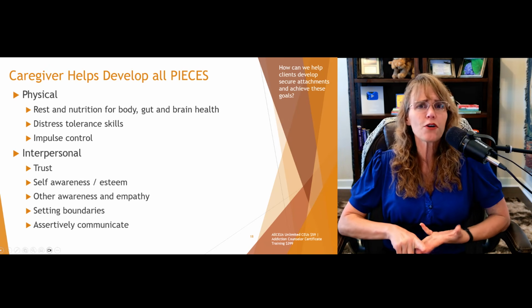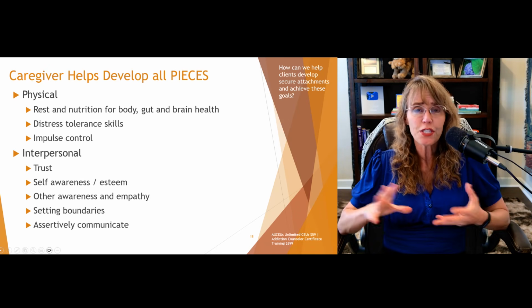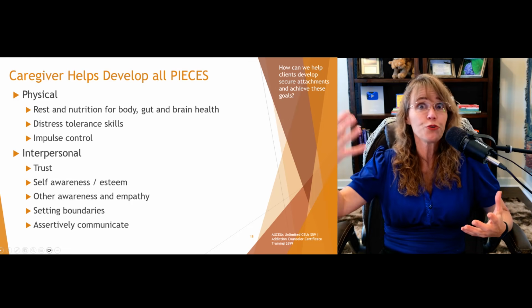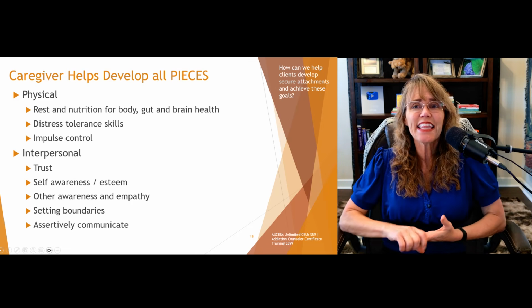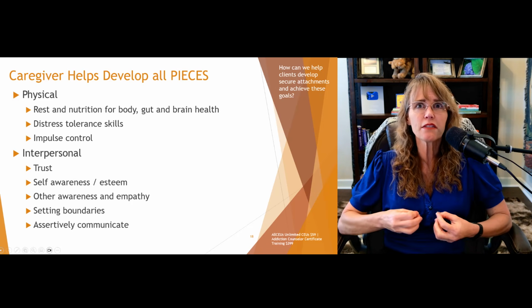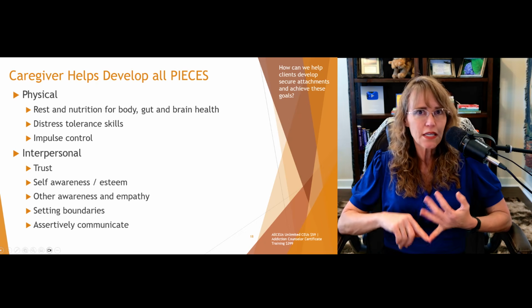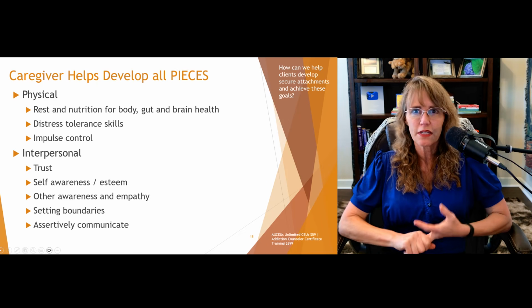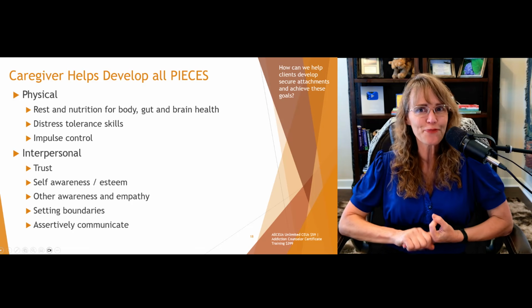And they teach impulse control. And that's just a behavioral response to distress. The caregiver has to help the child learn we don't hit, we don't bite, we don't throw things across the room.